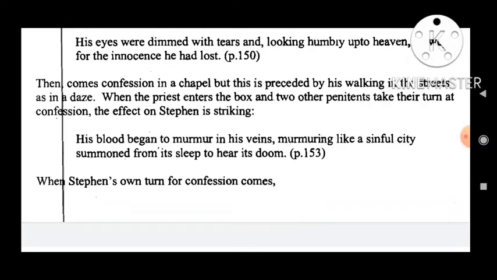When the priest enters the box and two other penitents take their turn at confession, the effect on Stephen is striking. His blood began to murmur in his veins, murmuring like a sinful city summoned from its sleep to hear its doom.